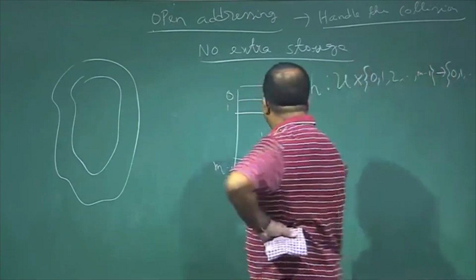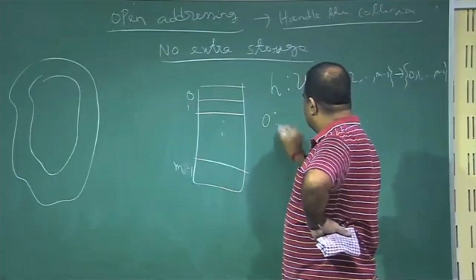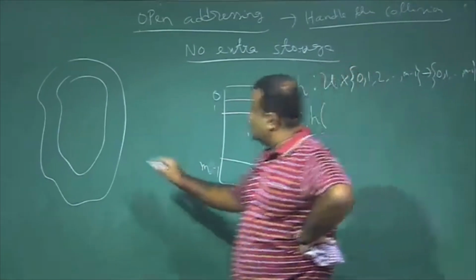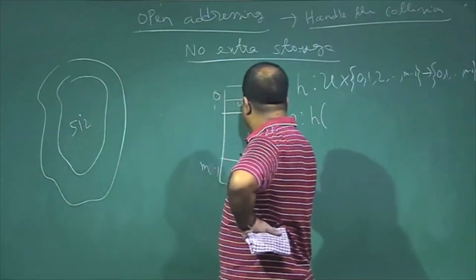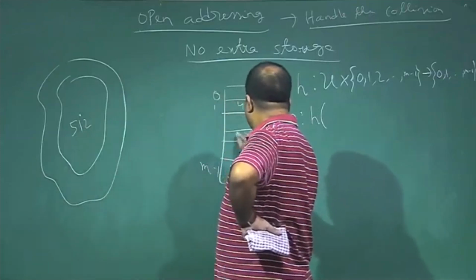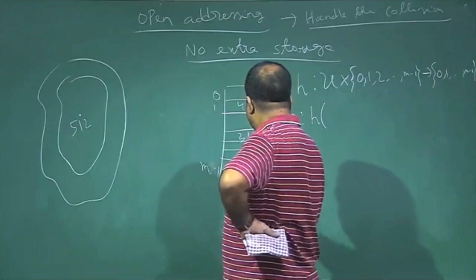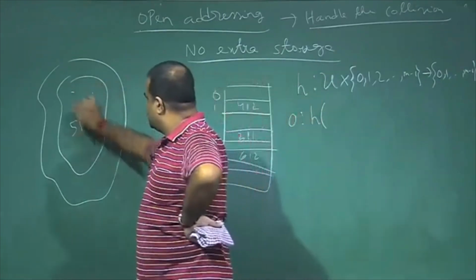We first apply the first hash function, which is the probe number, the 0th probe. Suppose you want to insert the key 512, and the table already has some keys, like 311 and 612.